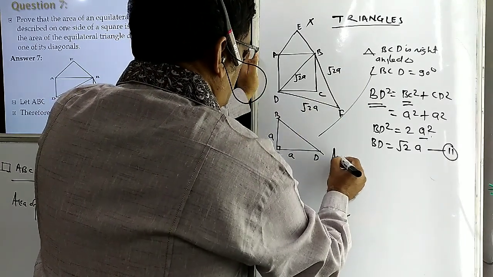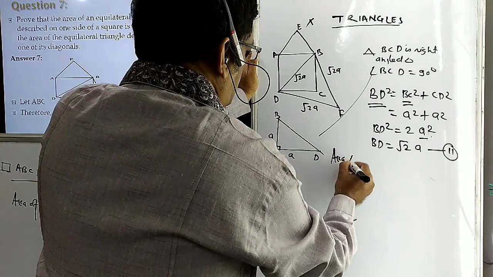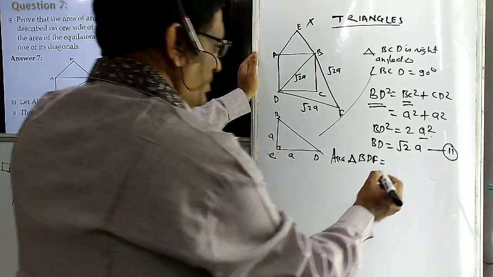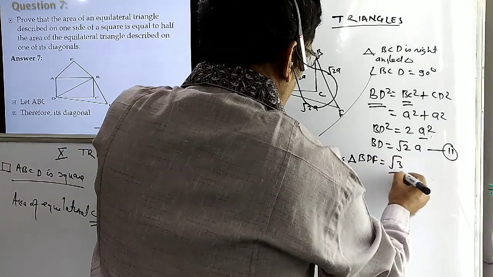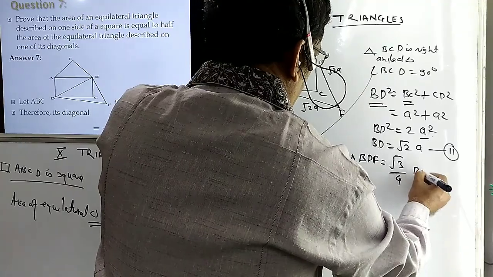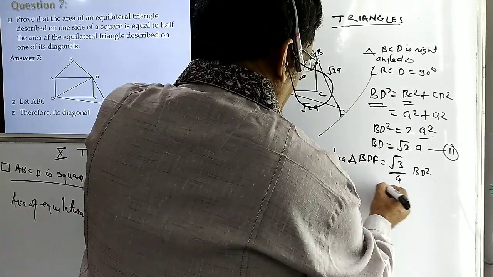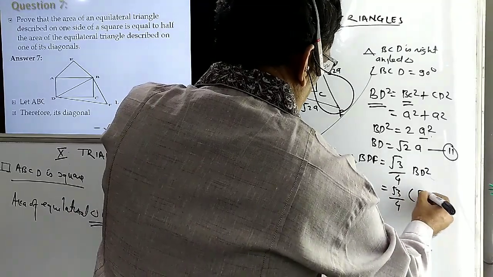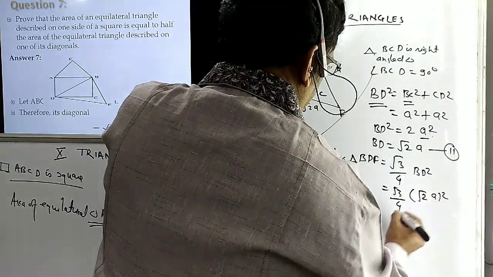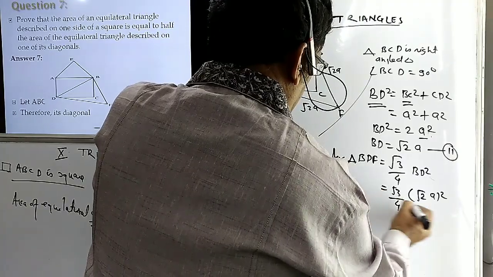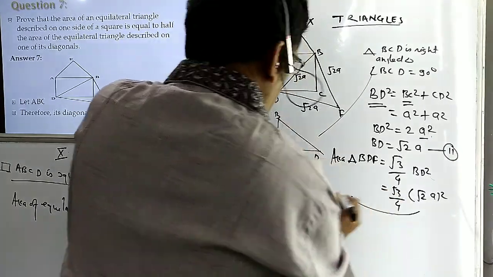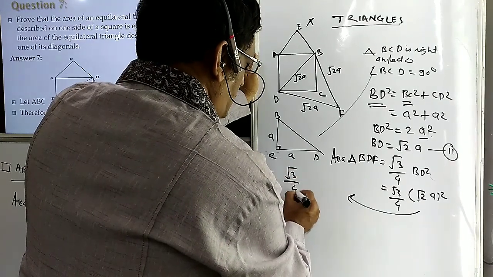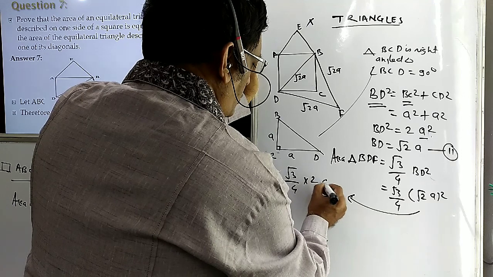So the area of triangle BDF is equal to root 3 by 4 into BD square, which is root 3 by 4 into root 2A whole square, so the area equals root 3 by 4 into 2A square.